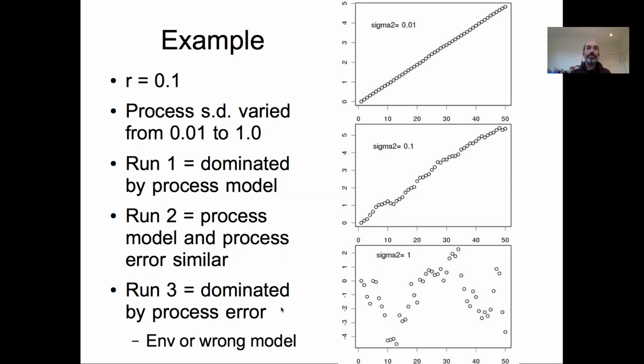There are things in the process beyond the process model. And in this third run, the process error is larger than the population growth rate. So in some sense, the process error is larger than the process model. The simulation is dominated by that process error. You can see there's still a slight hint of an upward trend in the population, but we're seeing a lot of variability.